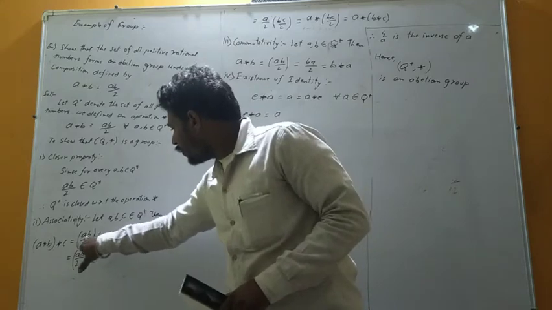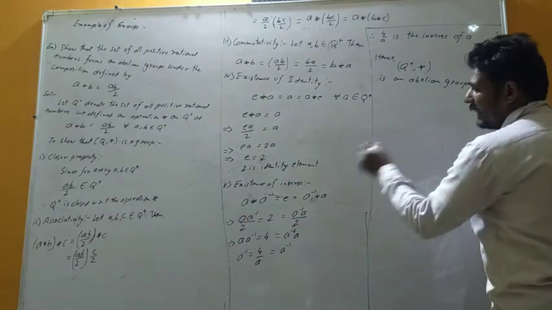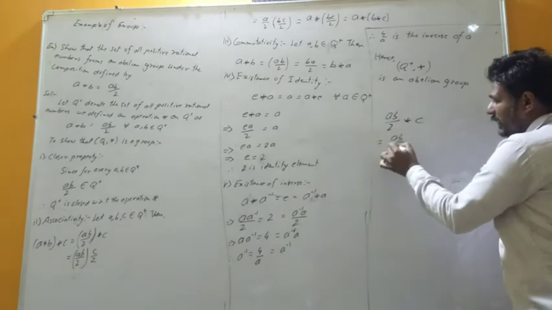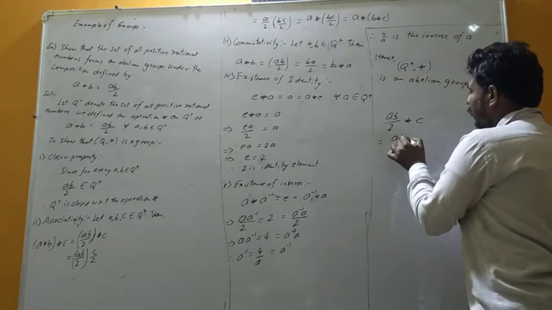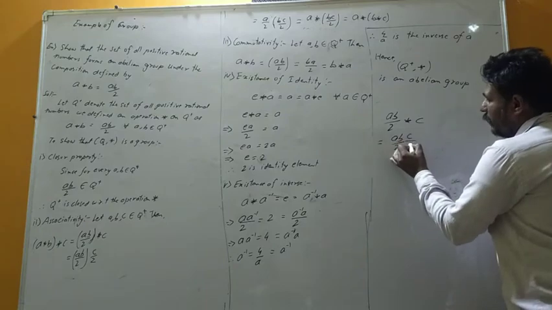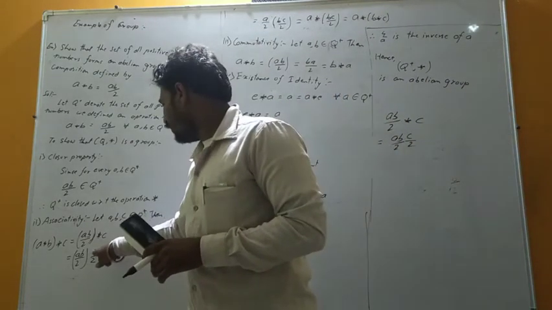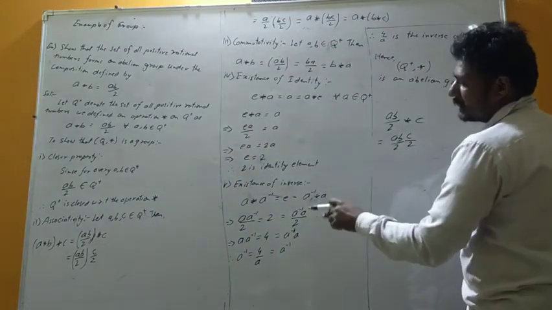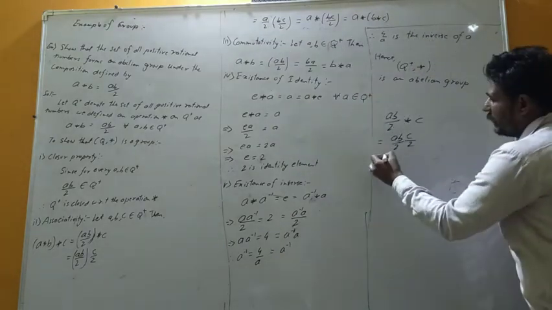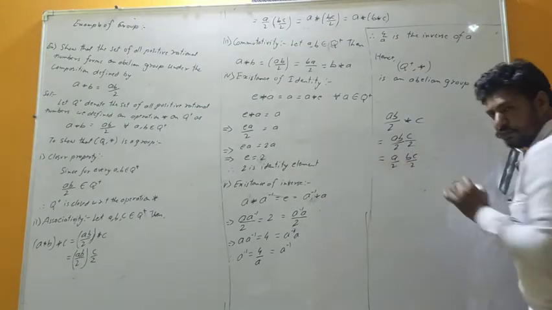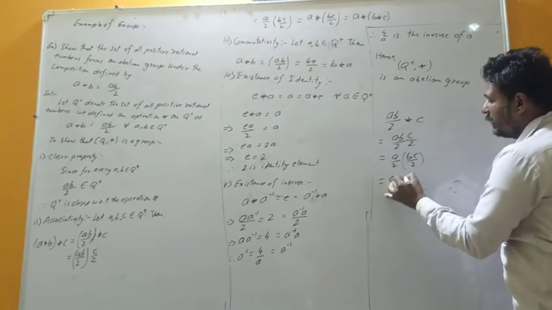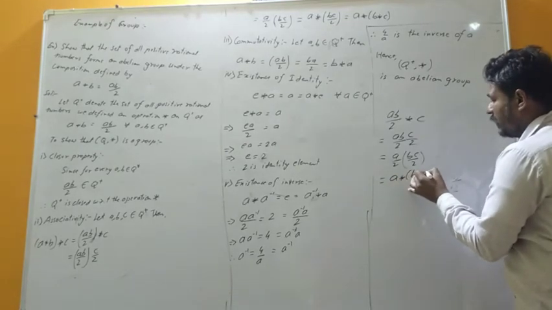We take the composition of these two: the first element is ab by 2 and the second element is c, so we multiply them, which gives abc upon 2 times 2, that is abc upon 4. Similarly we can write it as a by 2 into bc by 2, and this is a star (b star c).